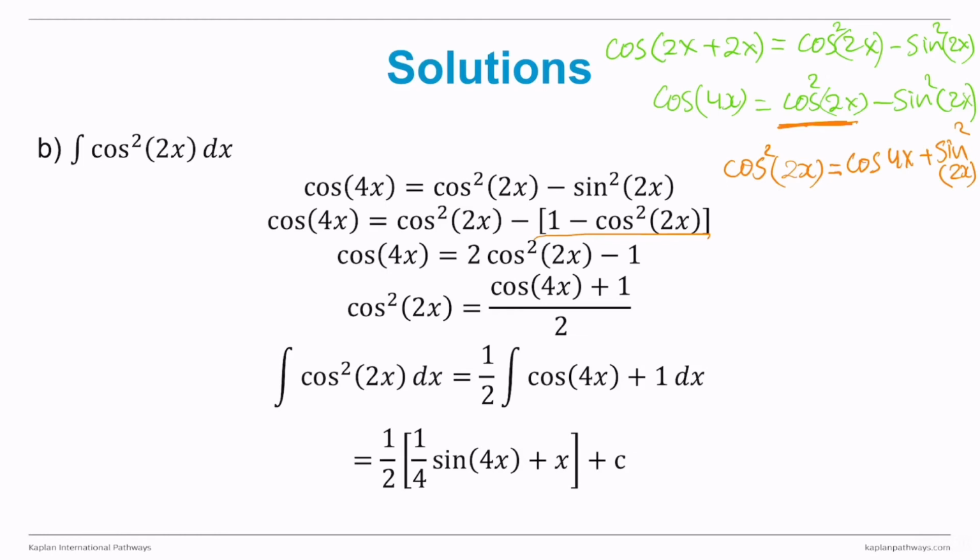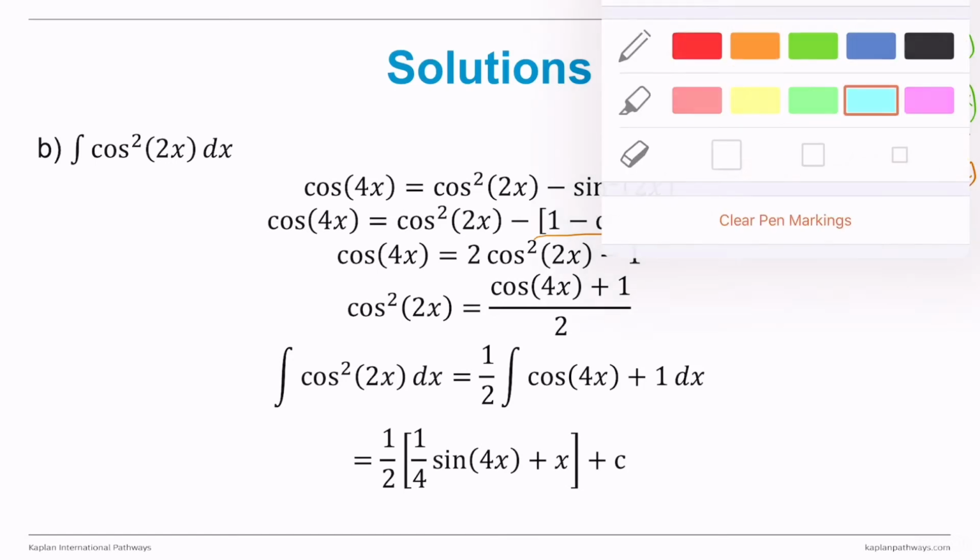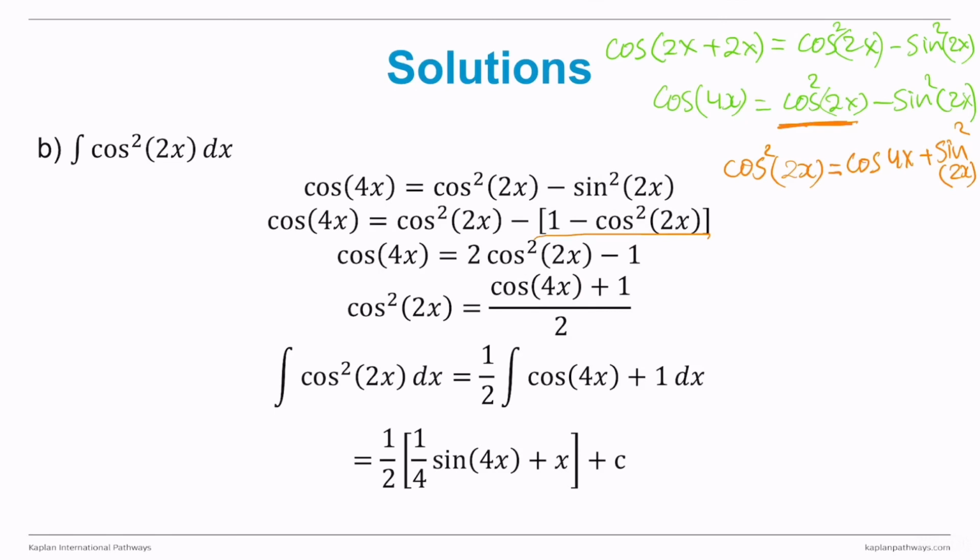Therefore, cosine 4x is 2 cosine squared 2x minus 1, because the minus cosine squared times minus 1 gives plus cosine squared, and this is another cosine squared, so that's 2 cosine squared 2x minus 1. If you just follow them, it's very easy to follow.